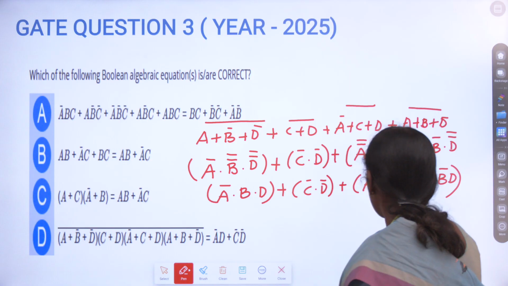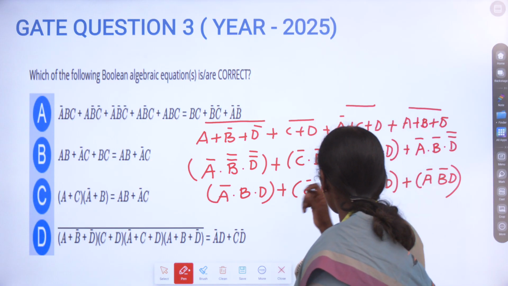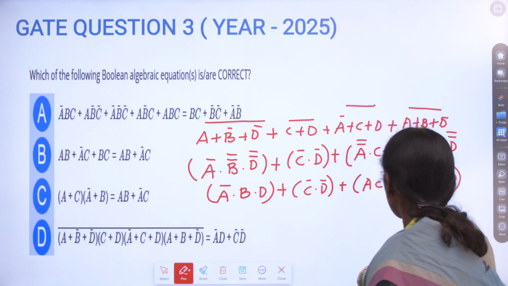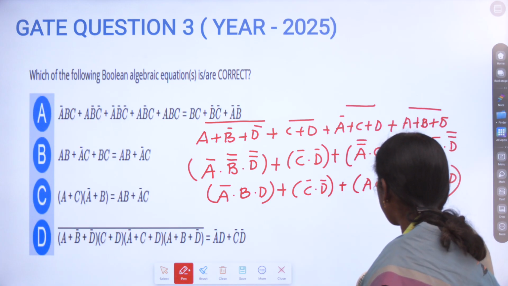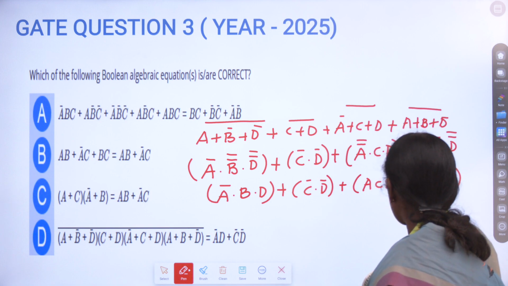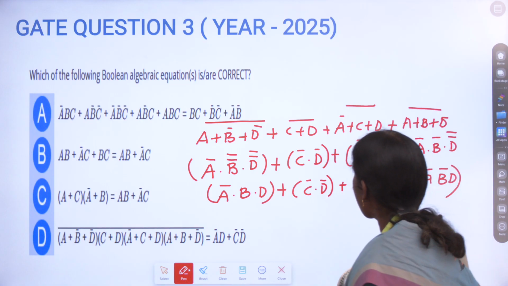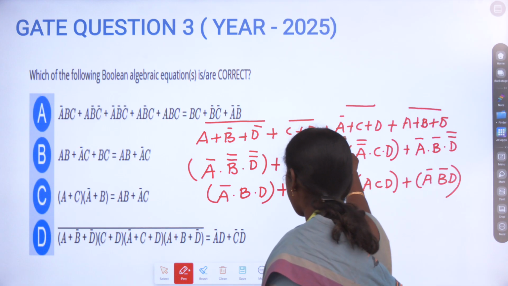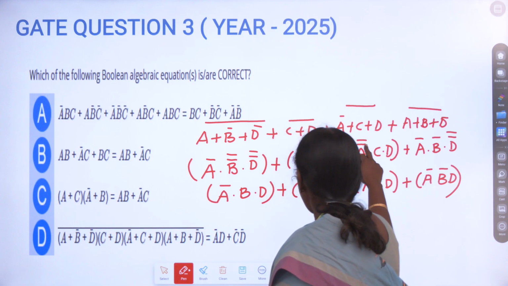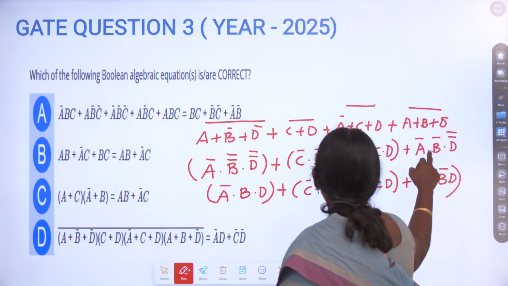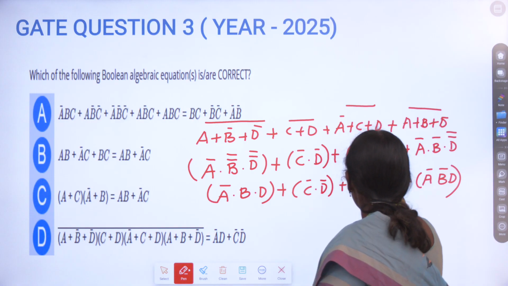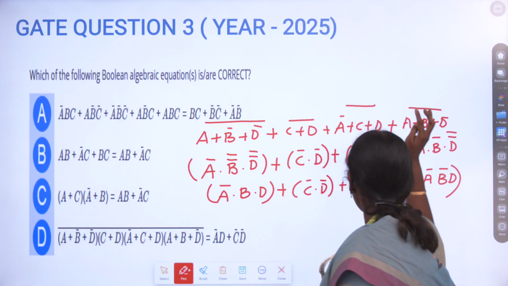Let me see which terms are equal from the first. So I have missed C bar, D bar here.